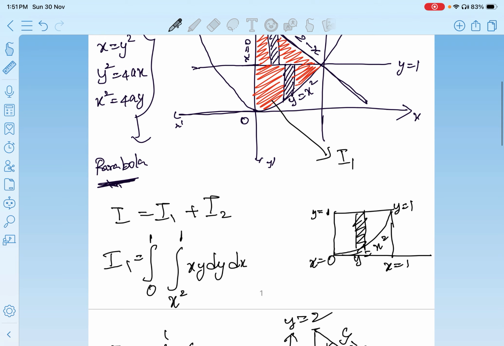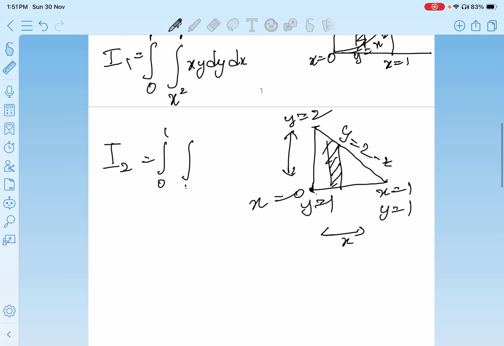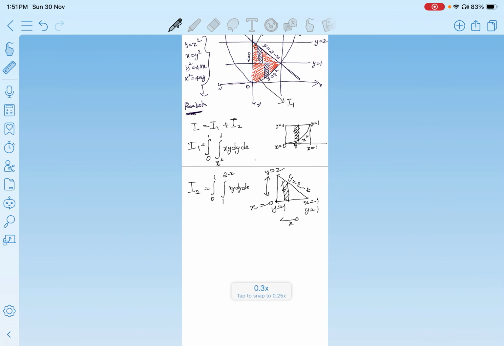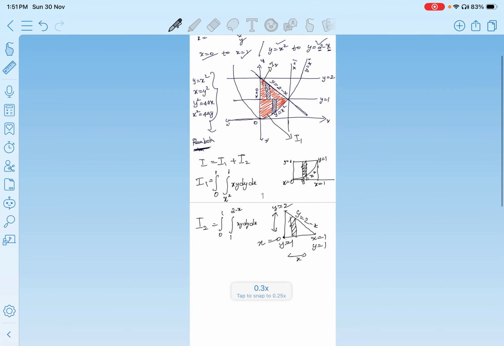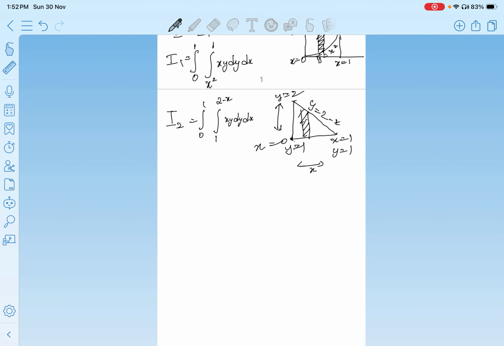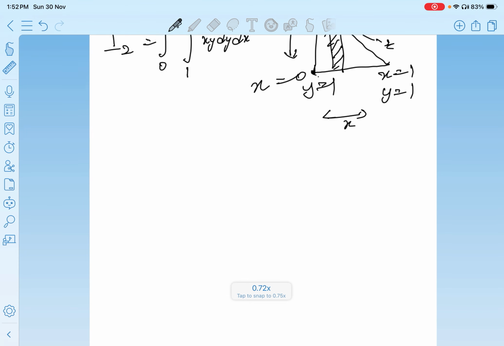This line is your y equal to 1 line, right? So y from 1 to y equal to 2 minus x. Then xy dy dx. So that's all. This is how you have to split the integration using the given curves. So step 1 is over. Now moving on to the second step.